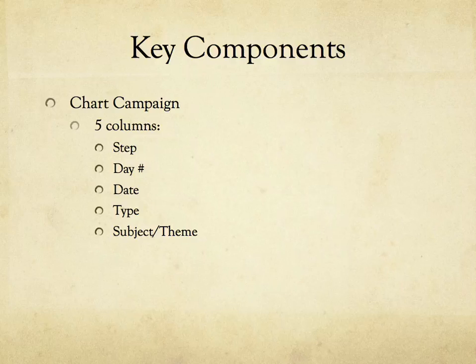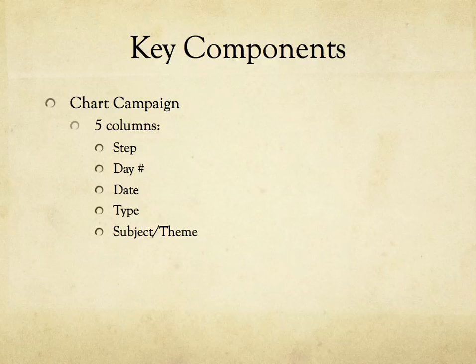This is not to be confused with the date. The day number is the physical day within the campaign. So the first day of the campaign is day 1, which would also be the first touch. But the second touch, so for instance, let's say the first day of the campaign, the date of that campaign might be January 1st, okay?